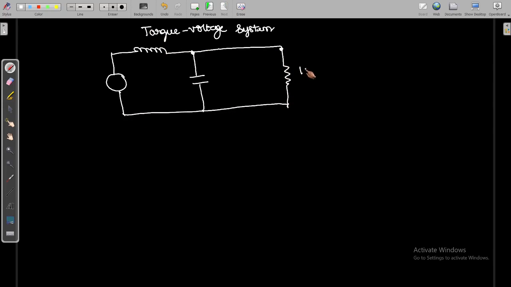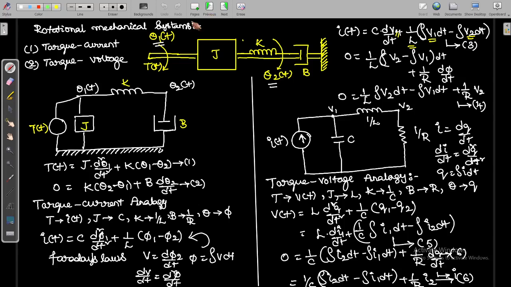You have here 1 by r and here 1 by c, the inductor will be here, and this can be E of t. In this you have two currents, I1 and I2, where 1 by c is common for I1 and I2, and 1 by r is only for I2. So this is how to draw the torque voltage analogy and torque current analogy for the given system.